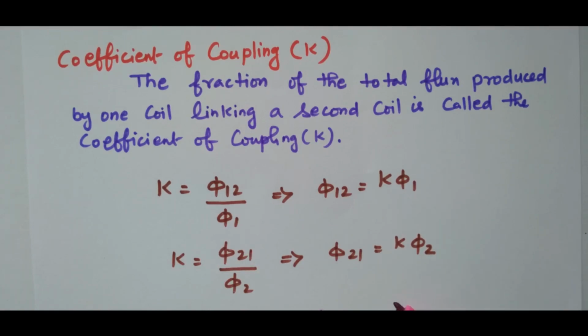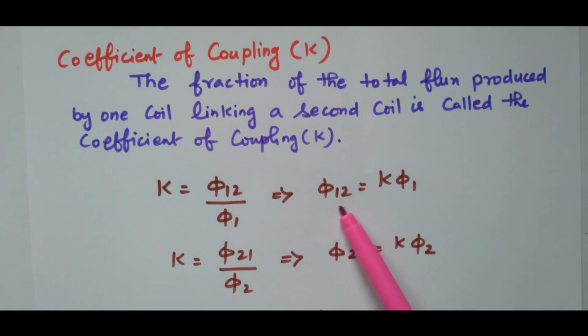Right? So the coefficient of coupling means how much is linking. Fully coupled means the entire flux is linking. If it is 70%, it means only 70% of the flux is linking. We can find the ratio, how much flux is linked, how it is coupled together.